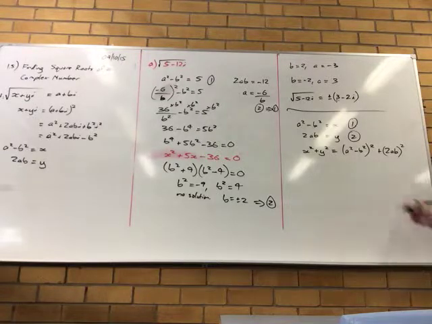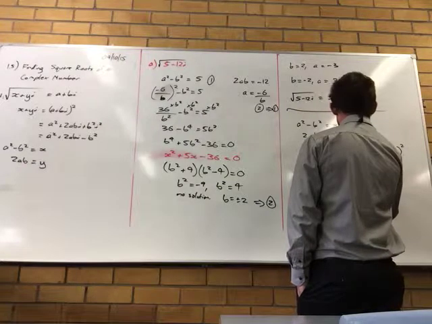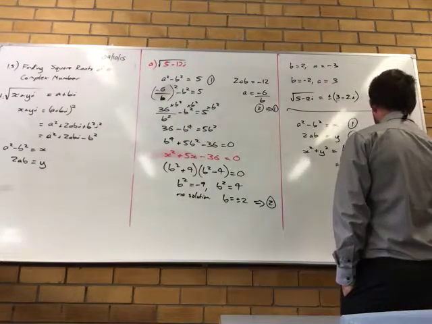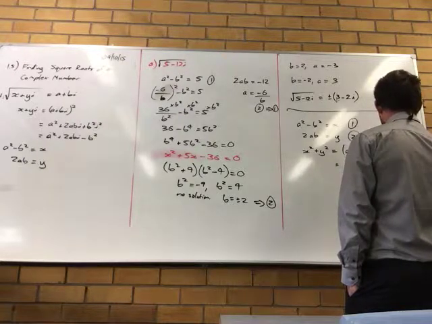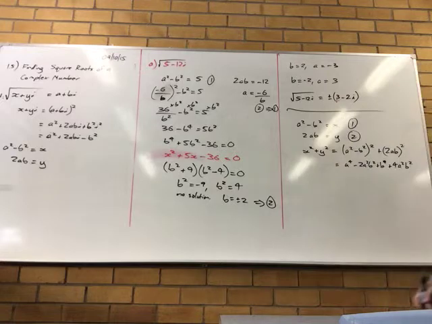Expand that out: a to the 4 minus 2a squared b squared plus b to the 4 plus 4a squared b squared. Tidy it up.